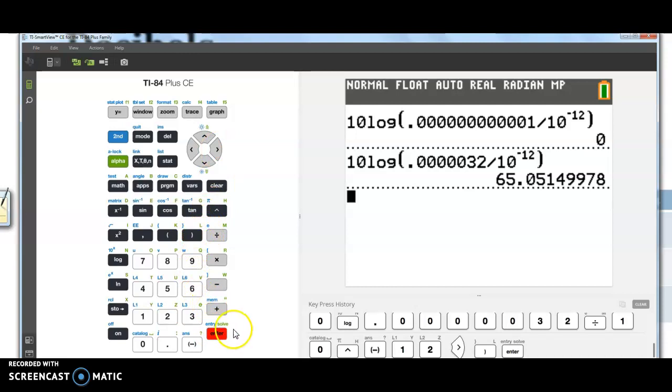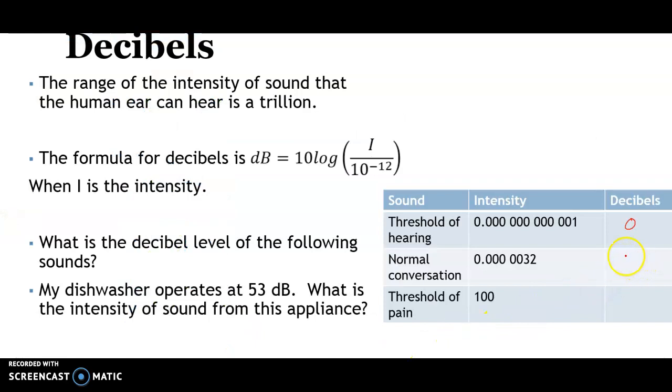And this time we have a decibel level rounded off of 65. So our decibel level here, 65.